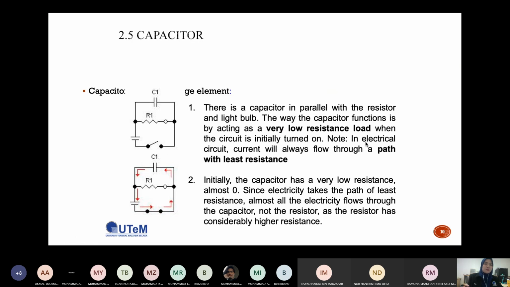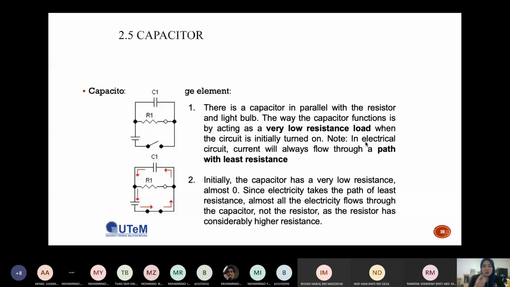So how does this capacitor actually work? In the previous slide, I already told you that a capacitor can store energy. How does this capacitor store energy and how can it later be used, for example, to turn on a lamp, even though the switch is already open, already turned off?